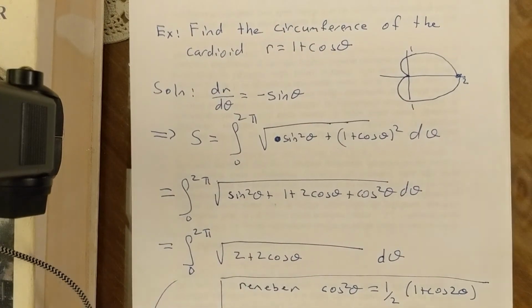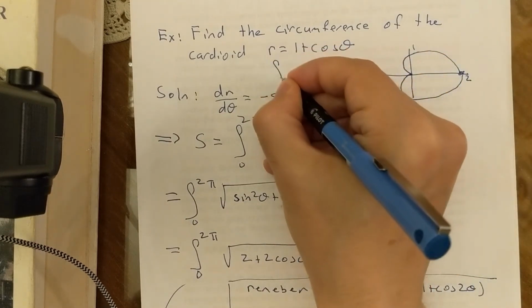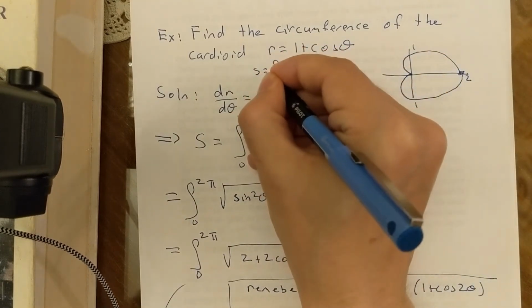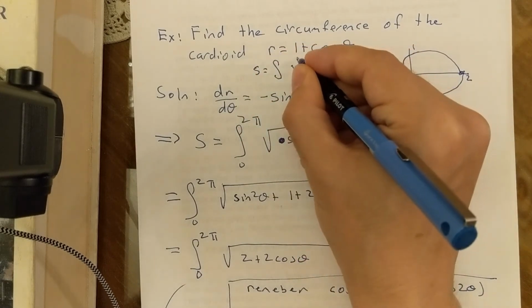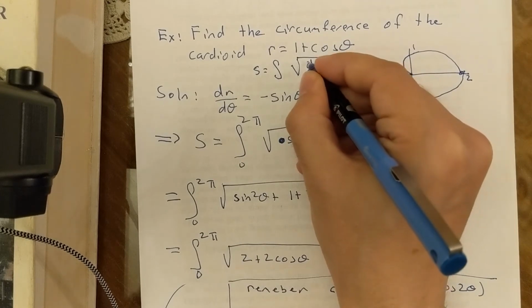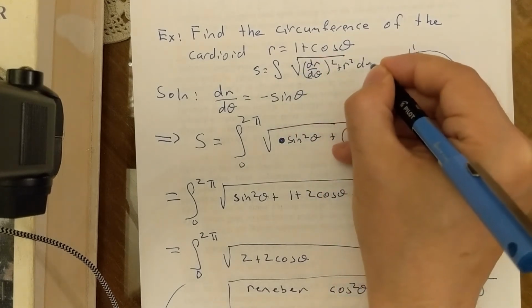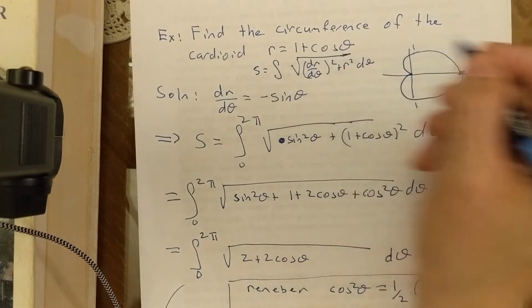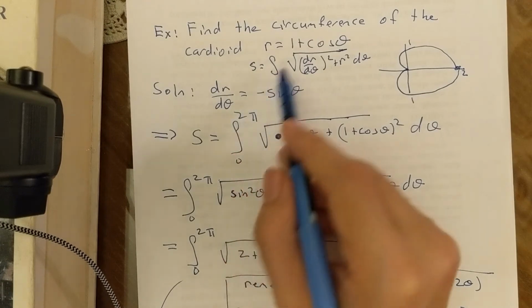Now remember the formula. Let me rewrite the formula here so that it's right in front of us. The formula was S is equal to the integral of the square root of (dr d theta) squared plus r squared d theta. So the first thing I need to do is calculate dr d theta.